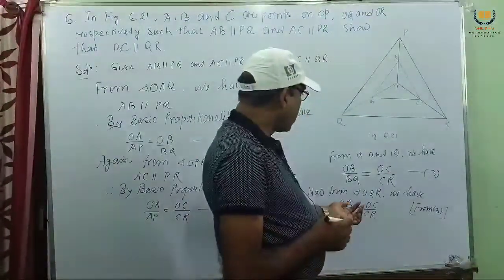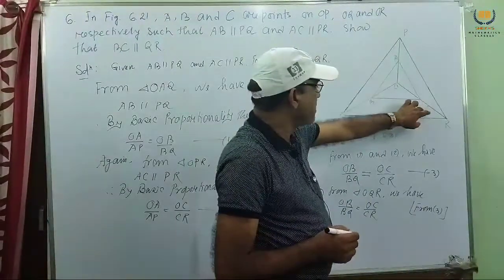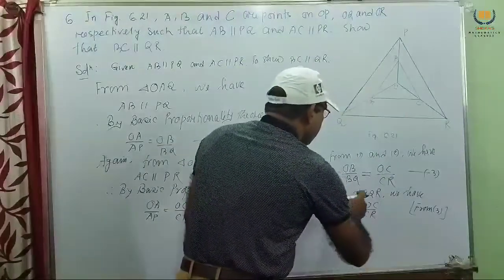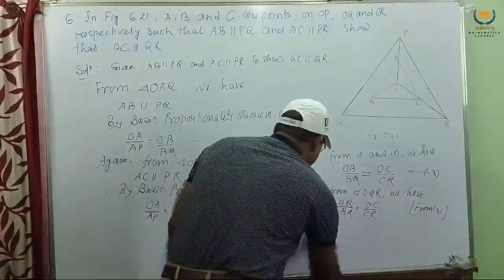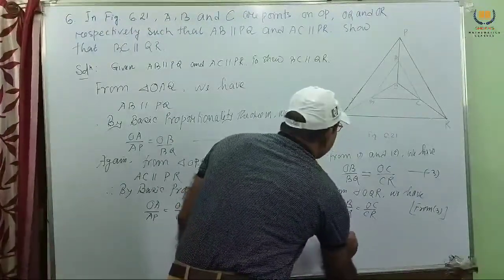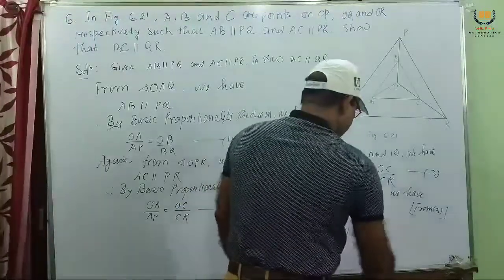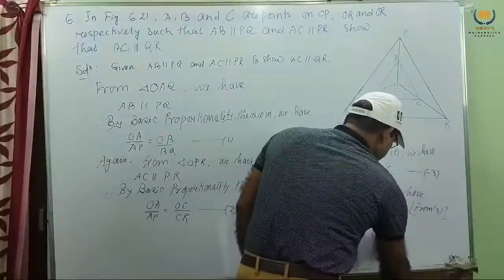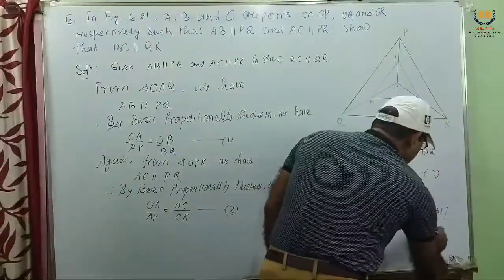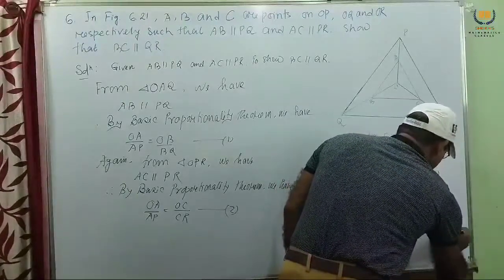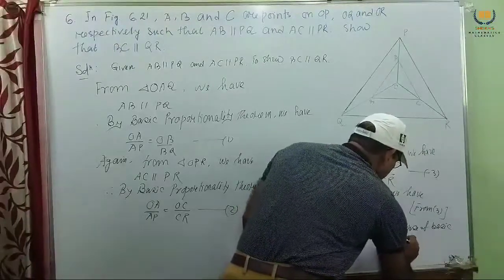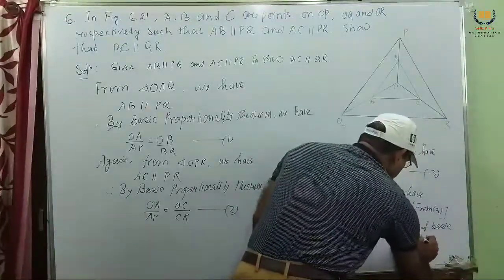Therefore, if this by this equals this by this, then we can write BC parallel QR by the converse of the basic proportionality theorem.